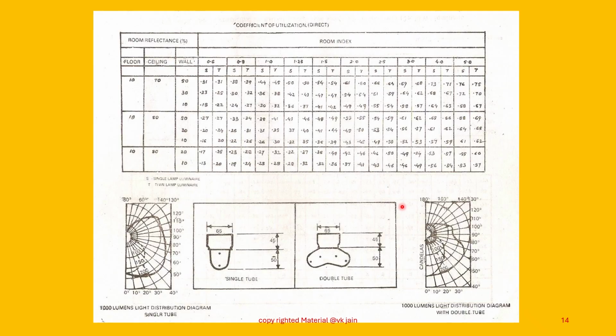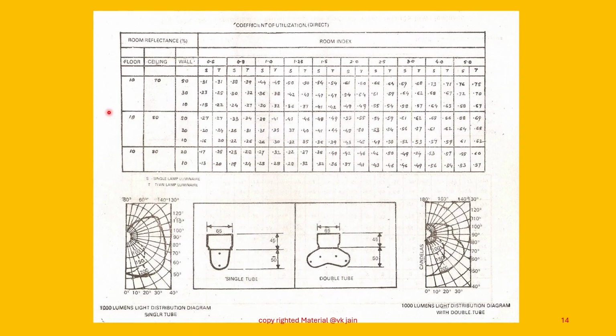Friends, this figure shows you coefficient of utilization for direct lighting system as was given in BZ classification being used previously.